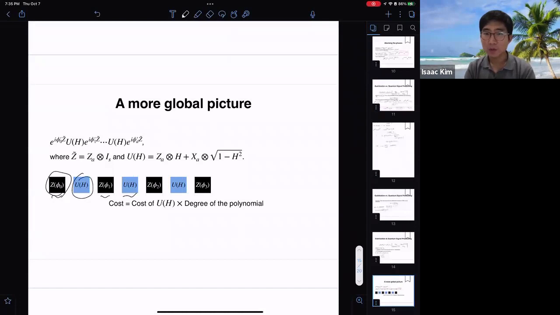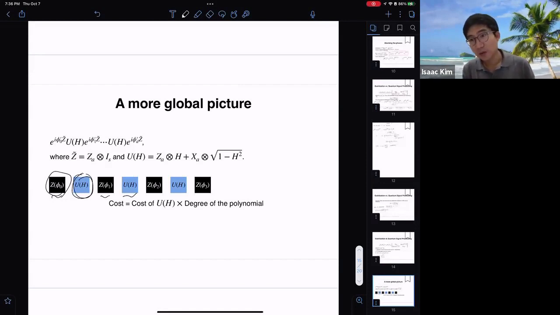After all, it encodes information about a many-body Hamiltonian. So when it comes down to estimating the cost of the qubitization, things are very simple. Well, you just need one extra qubit. Okay, so there's a caveat. If you can implement U of H without using any extra resource, then all you need is just one extra qubit, and that's it. And so it's very space efficient.